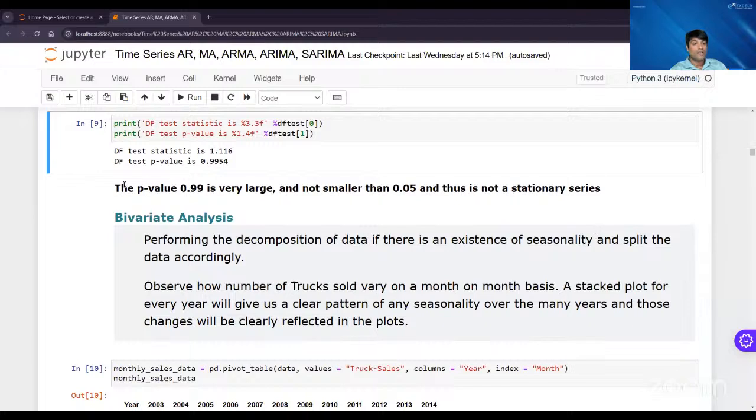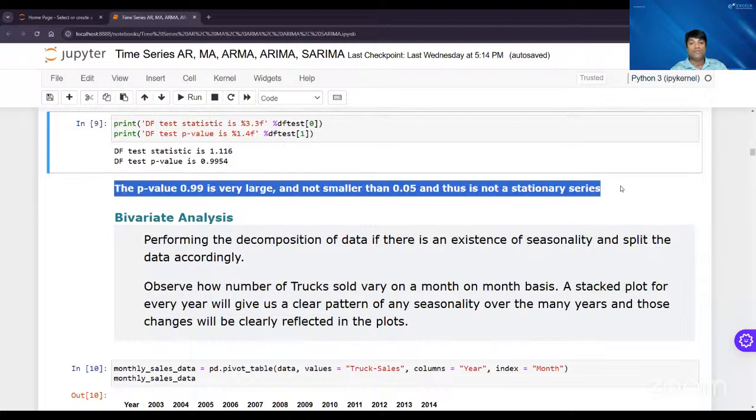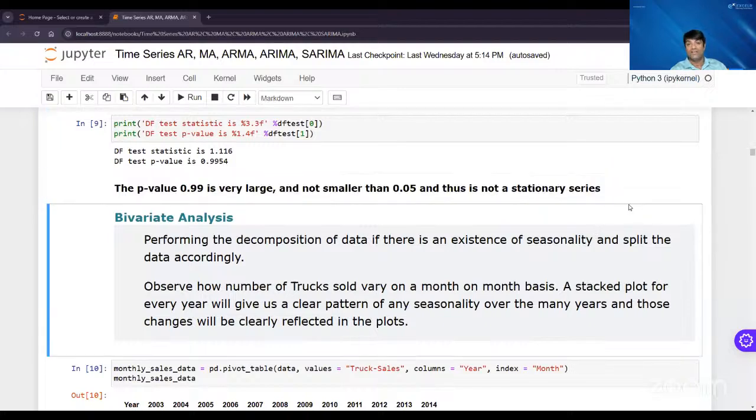So that is what my conclusion is also. The p-value is actually 0.99. We have to get a p-value less than our alpha value, so it should be less than 0.05, but the p-value is so much more.